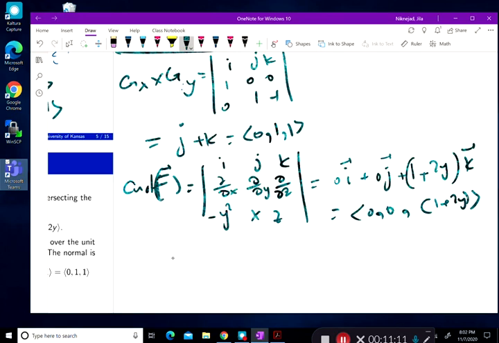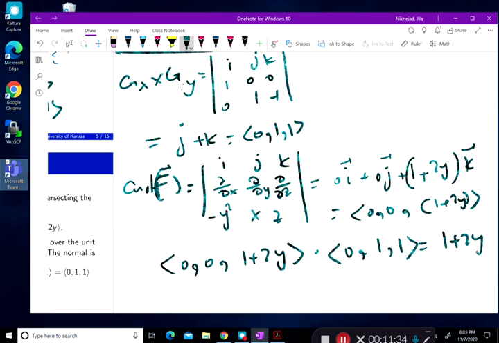Dot product of 0, 0, 1 plus 2y with g_x cross g_y, which is 0, 1, and 1. That's 1 plus 2y.